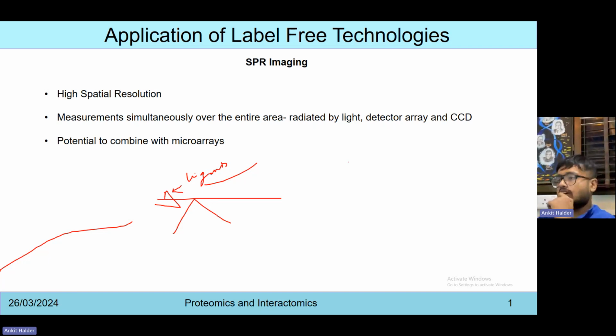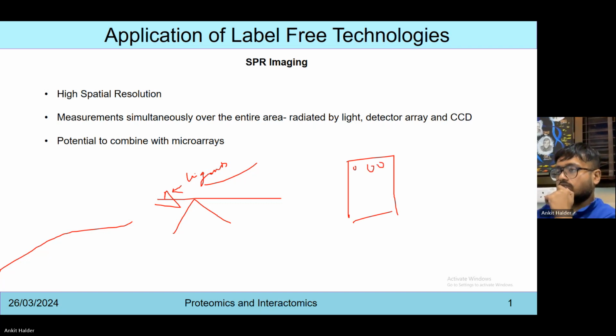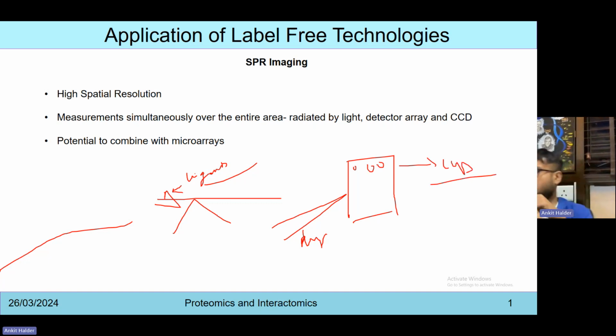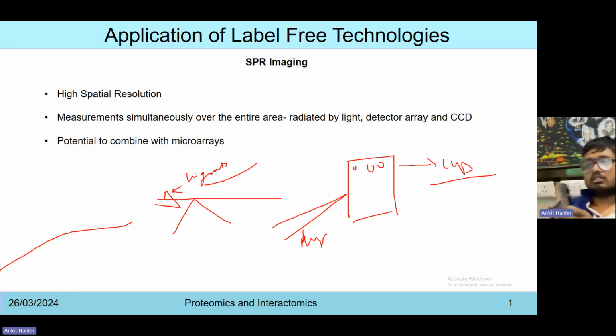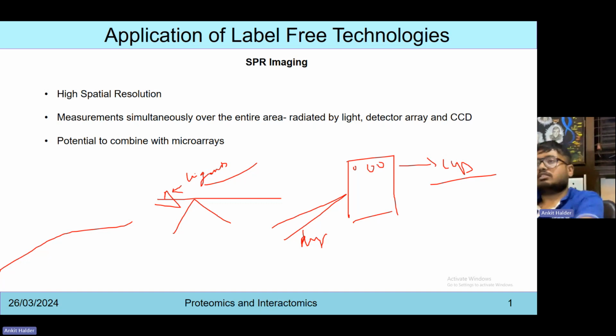But here, if we have a whole microarray, we will have one source of light coupled with a CCD camera. This will be detected and capture the whole area. This is what can be used as SPR imaging.